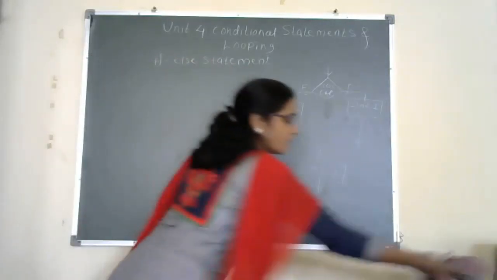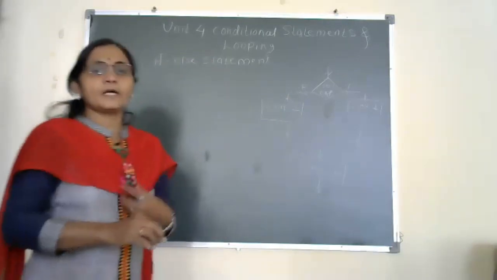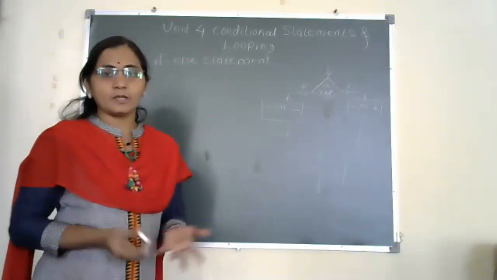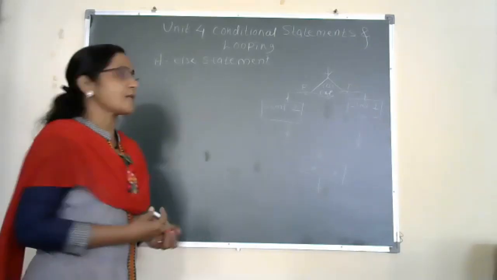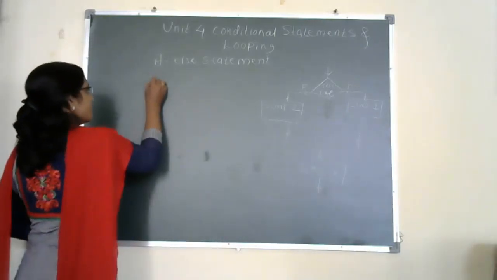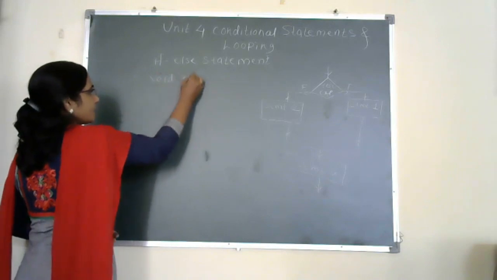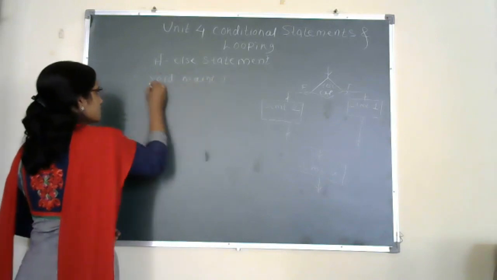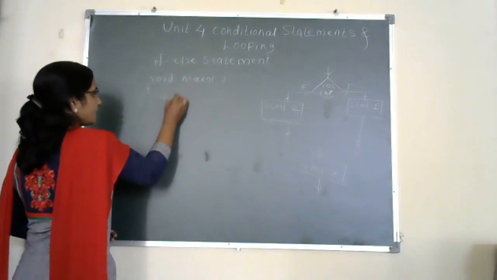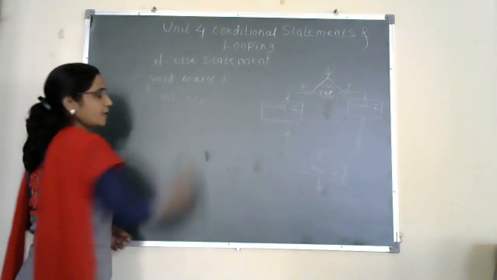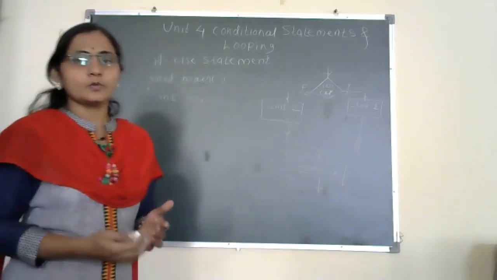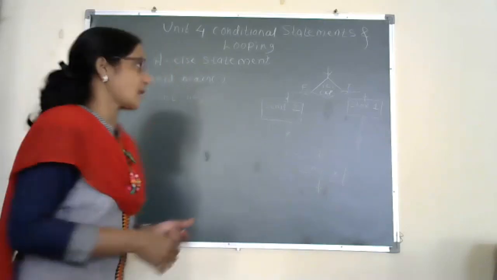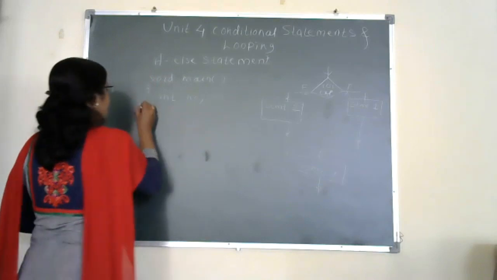Suppose, for example, I want to check whether a number is positive or negative. In that case, you have to use the if-else statement. So how to use it? I write the main function again here. Suppose I take one number of type integer. If you want to take the number from the user, you have to use the printf statement as well as the scanf statement. So how to write it?